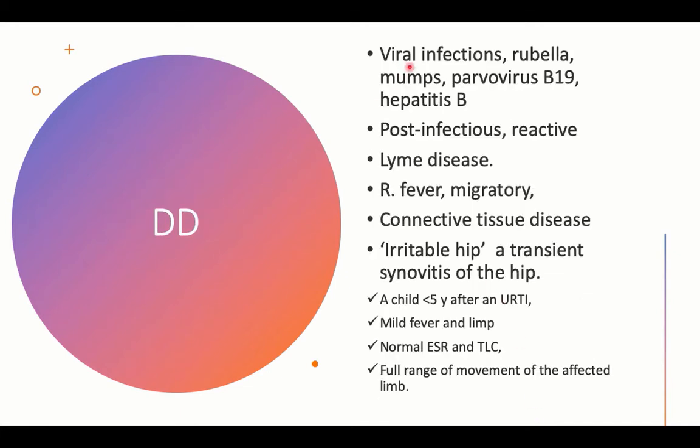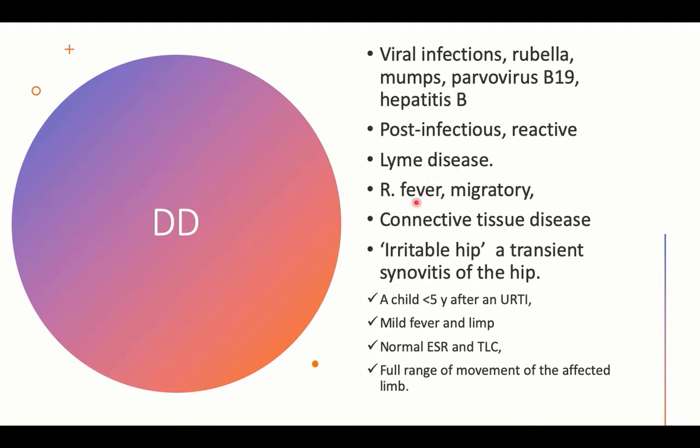Differential diagnosis of arthritis would include viral infections like rubella, mumps, parvovirus, and hepatitis B. They can present with arthritis as viral infection rather than bacterial sources like staph, like strep, like salmonella, TB, and so on. This can be post-infectious or reactive arthritis. Based on the history, Lyme disease caused by Borrelia burgdorferi.